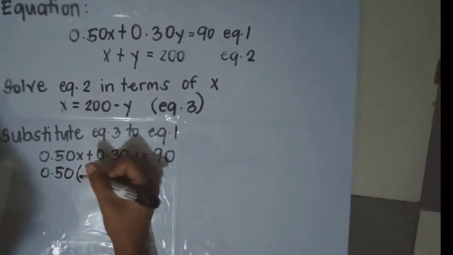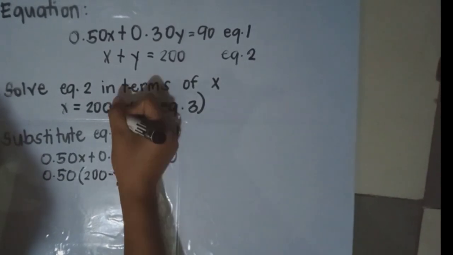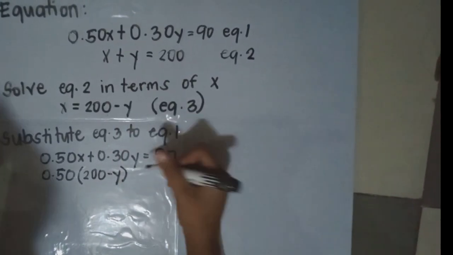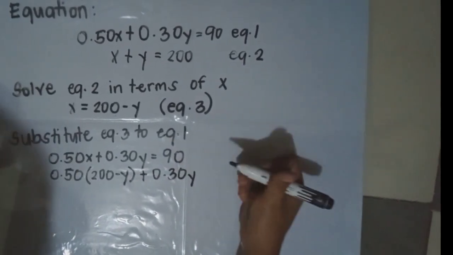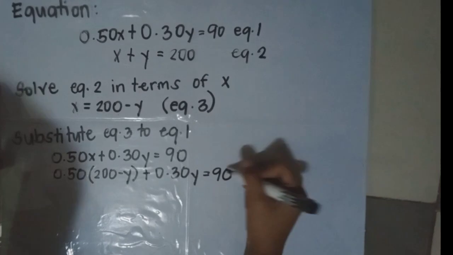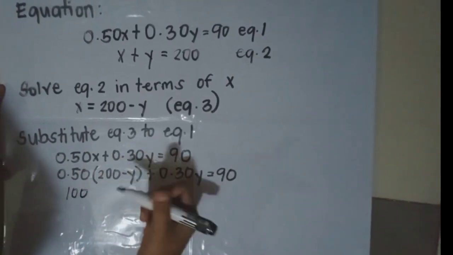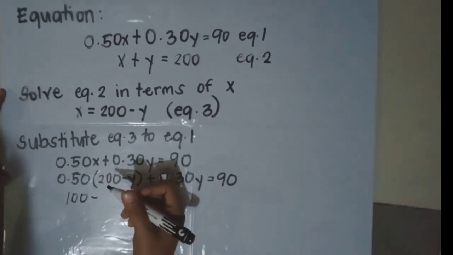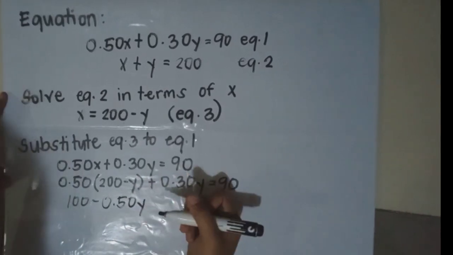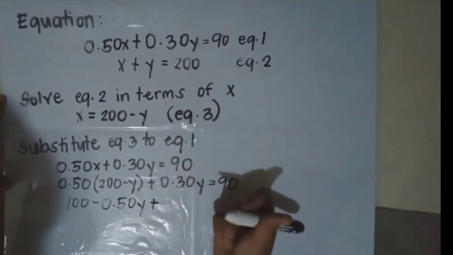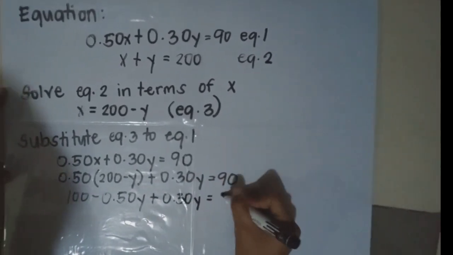0.50 times x, which is 200 minus y, plus 0.30y equals 90. 0.50 times 200 is equal to 100. 0.50 times negative y is negative 0.50y, plus 0.30y equals 90.